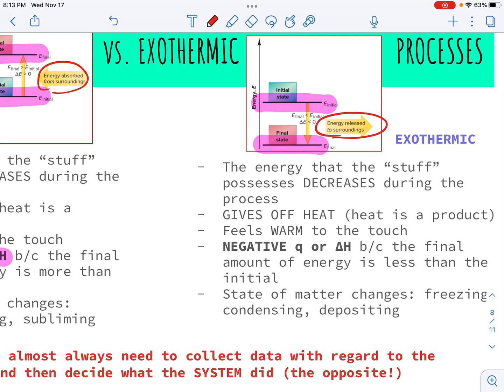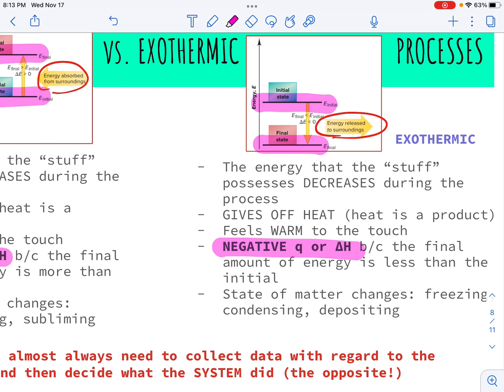It's going to have to give off heat for that to be the case. So heat would be written on the right side of the arrow if we're writing it in a chemical equation. I'm going to feel warmth when I'm holding it because it's going to be giving heat to me. And because it's losing heat, we say that delta H or Q would be negative in sign.